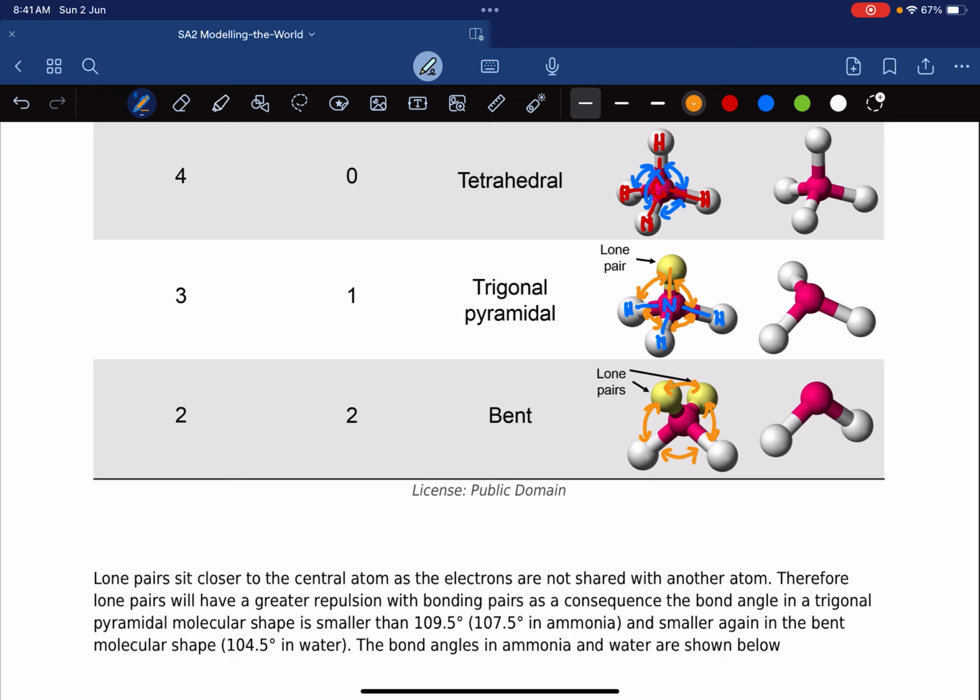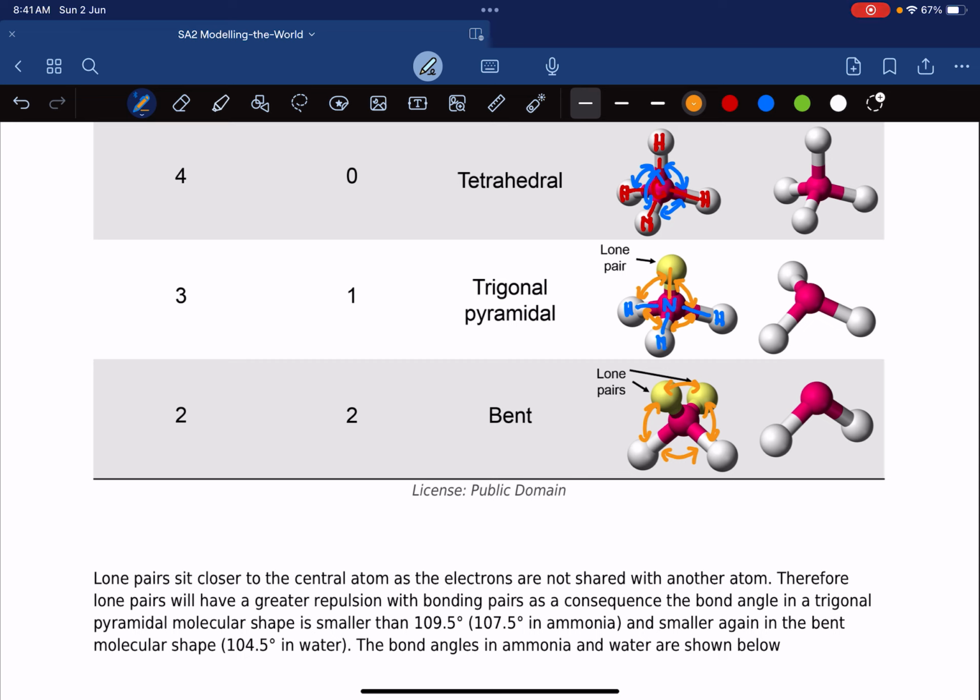I repeat, because of VSEPR, the molecule adopts a shape which has the minimum amount of repulsion. So either it becomes tetrahedral, or bent, or octahedral, or trigonal bipyramidal. There are so many different shapes that you'll come across.